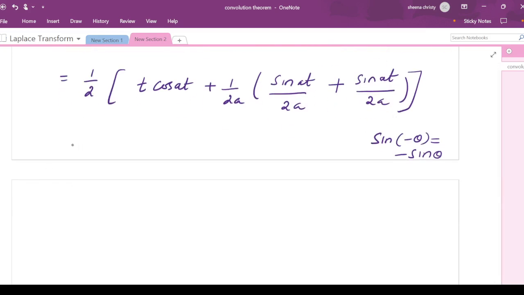Now by doing the simplification, you will get 1 by 2 times of t cos at plus, 2a is common, so you can take it outside, 1 by 4a square into 2 times sine at.